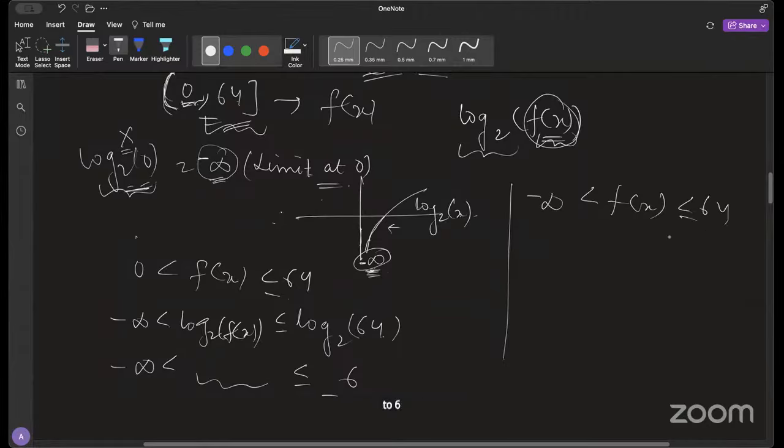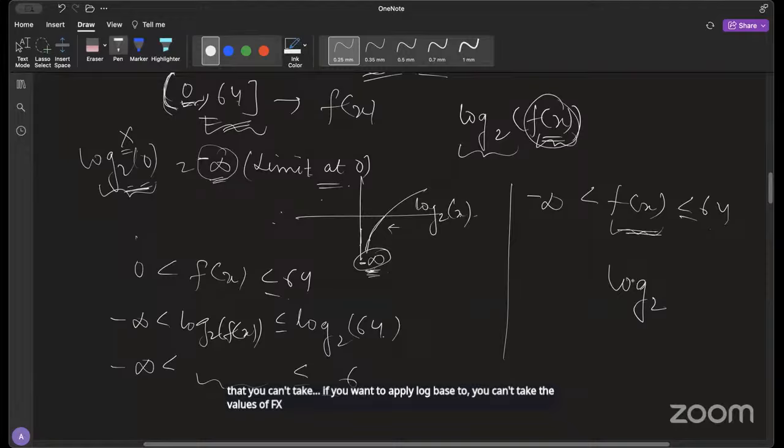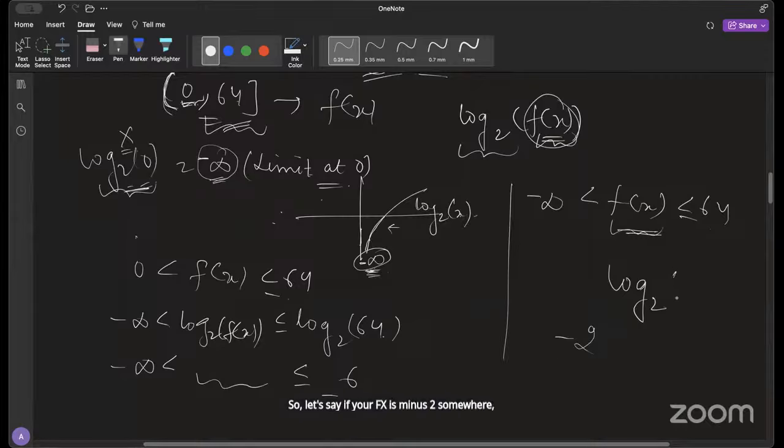But the problem here is that if you want to apply log base 2, you can't take the values of f(x) where it is negative, right? So let's say if your f(x) is minus 2 somewhere, you can't put minus 2 here.